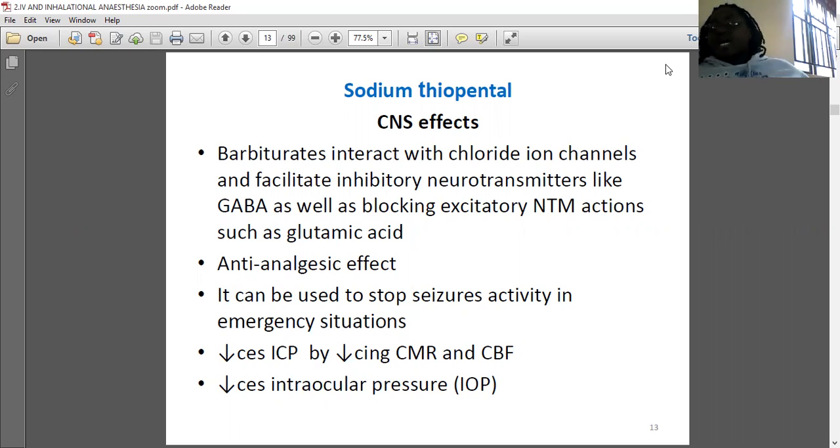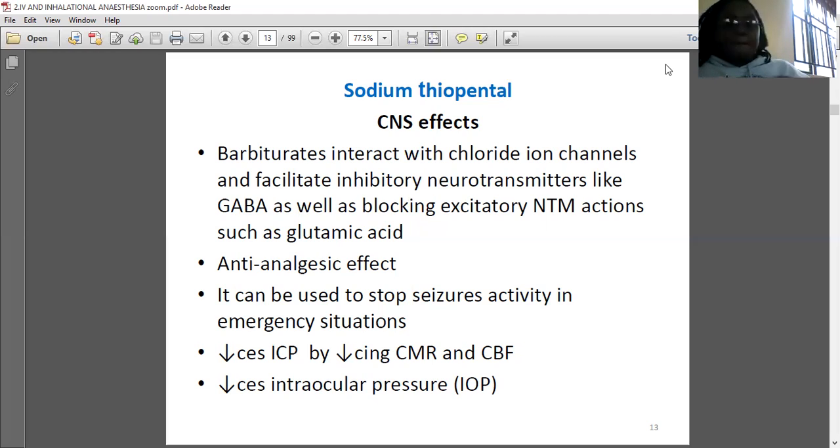And hence they increase the ion channel opening duration. Remember when you have neurotransmission, if GABA comes in, and if glutamate comes in, the channels will be closed. But now for them, they maintain the chloride channels open. So there is continuous stimulation by GABA, which is the inhibitory neurotransmitter. So you don't have excitation of neurons for that time.